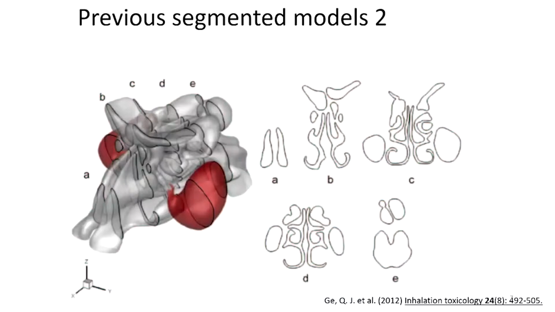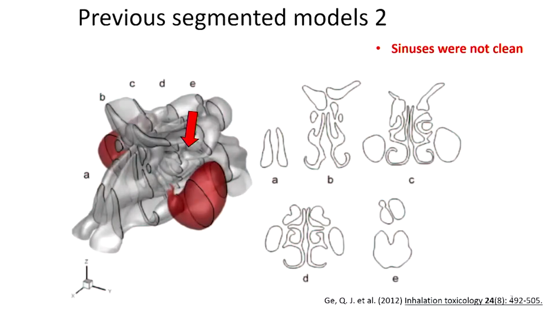The second example is like this one. We tried to include paranasal sinuses in our nasal model. Unfortunately, because of the CT quality and our poor segmentation skills, the sinuses were not clean, especially the ethmoid sinuses, which were grouped into one cell.